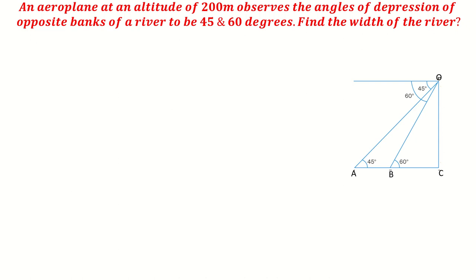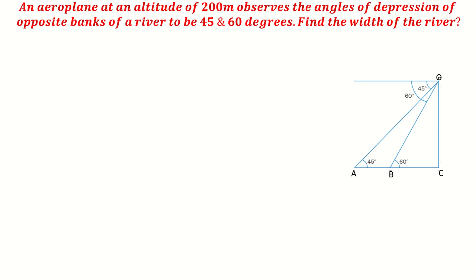Okay, so if you see, OC is the height of the aeroplane and it is looking at the two banks of the river, which is AB, and the two opposite banks are A and B. A at 45 degrees angle and B at 60 degrees angle. If you see the problem carefully, a similar problem has come many times where they also mention that the two banks of the river are on two different sides of the plane.